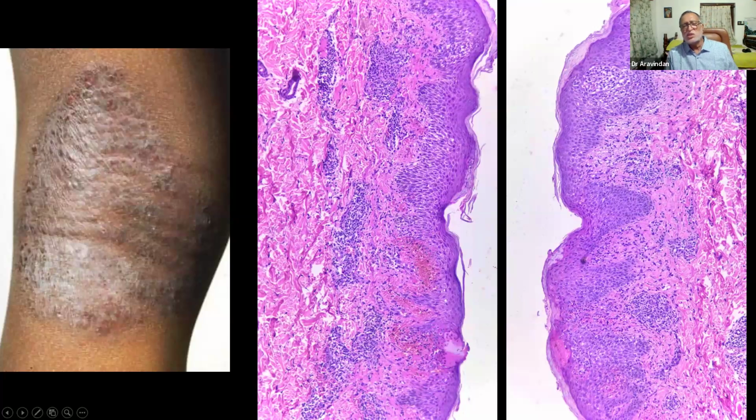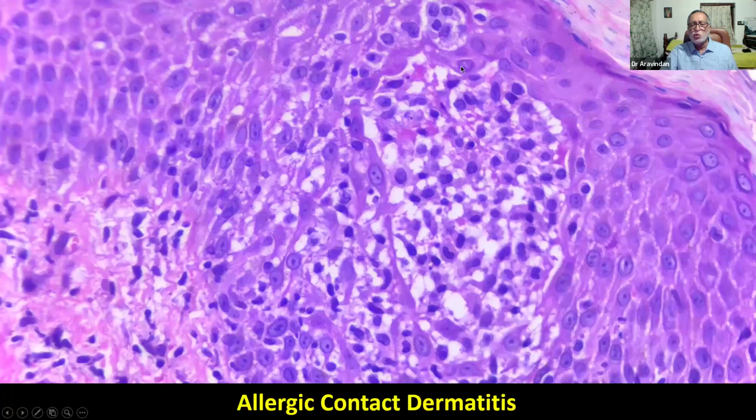So instead of just calling this a spongiotic dermatitis, can you go further? Are there further clues to narrow down to one of the types? In this particular case, on the right side you find this area of spongiosis. You find a rather well-defined area of loose cells here, and if you look closely, this is a collection of Langerhans cells.